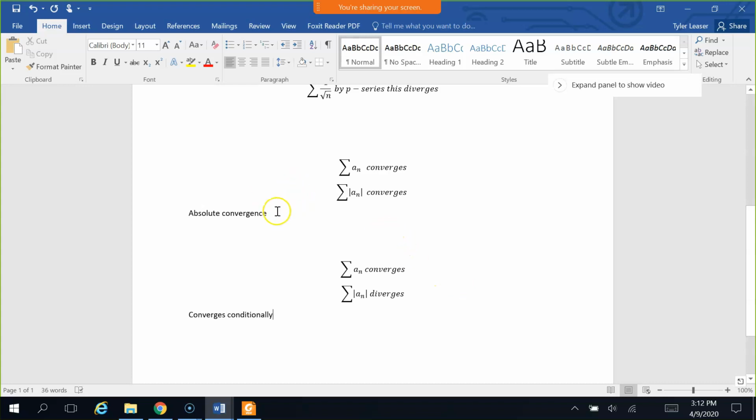I have my stuff kind of backwards, but if the original series converges and the absolute value converges, you have absolute convergence. If the original series converges, but the absolute value diverges, that means that your original series converges conditionally. Okay, thank you. You're welcome.